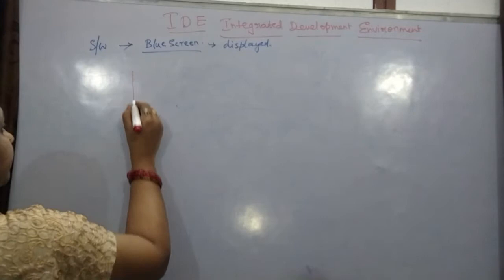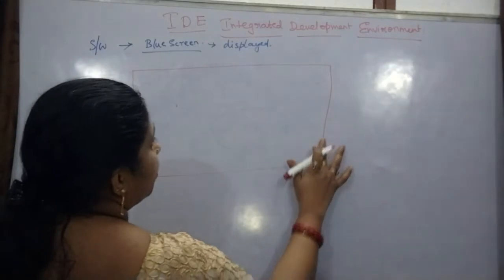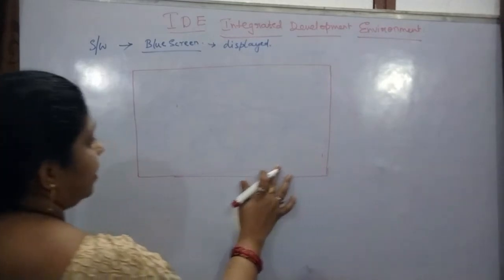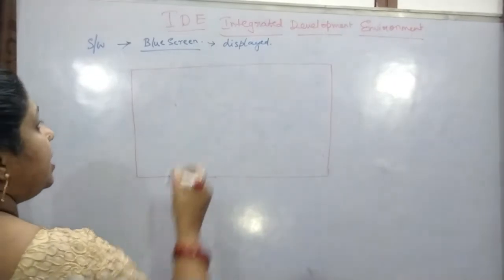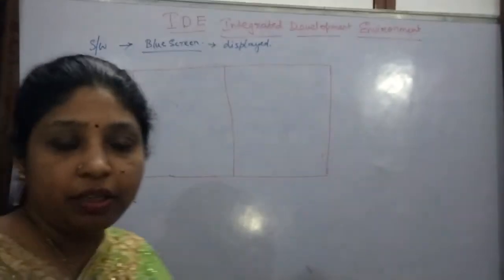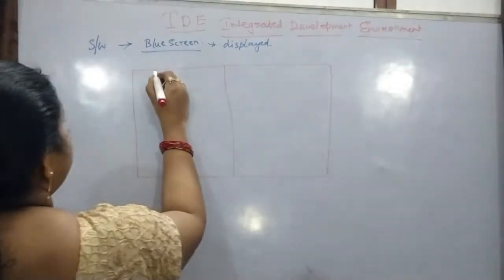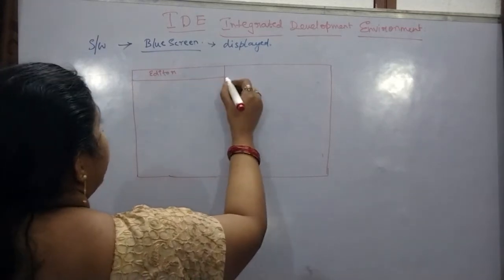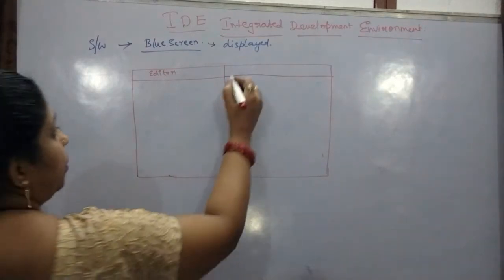Now how that blue screen looks, I will show you. Think that this is the computer screen or monitor. Now in this, the screen is divided into two parts. One works like the editor, and the other works like a console.